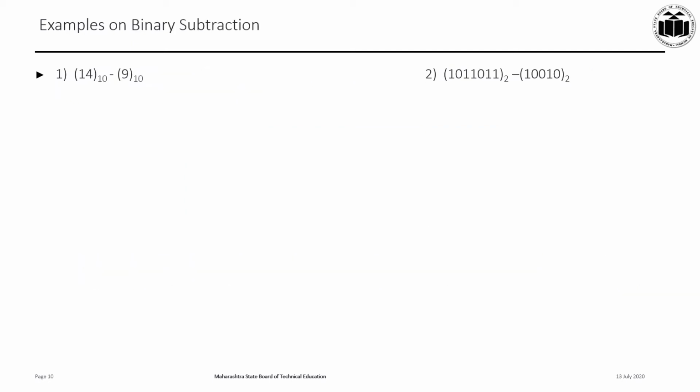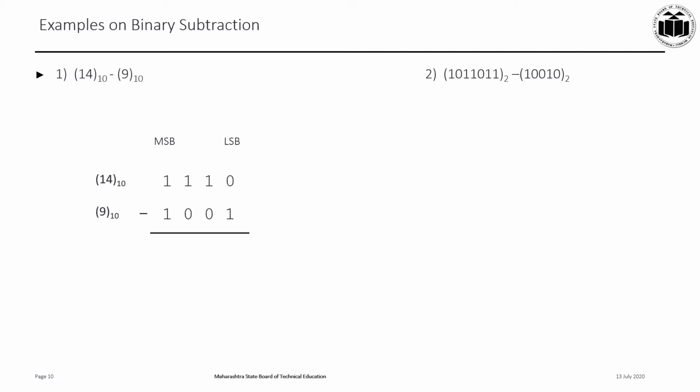Consider the example on binary subtraction. The first example let us take as 14 to the base 10 minus 9 to the base 10. First of all, we have to convert the decimal numbers into binary numbers. So 14 to the base 10 when converted to binary gives you 1110. And 9 to the base 10 when converted to binary gives 1001.